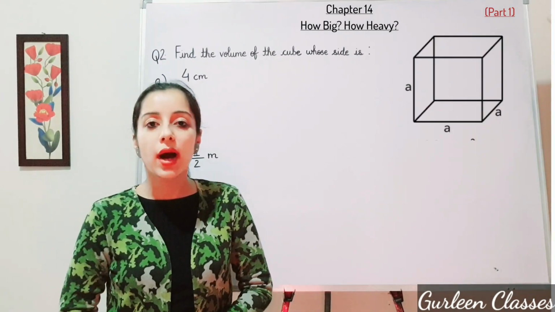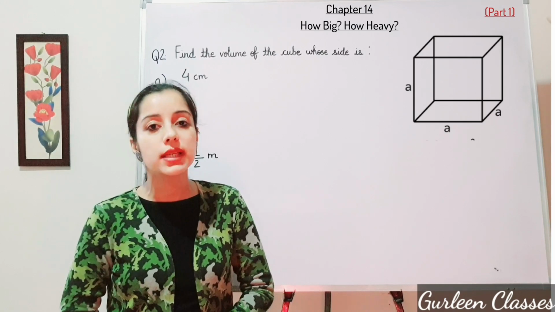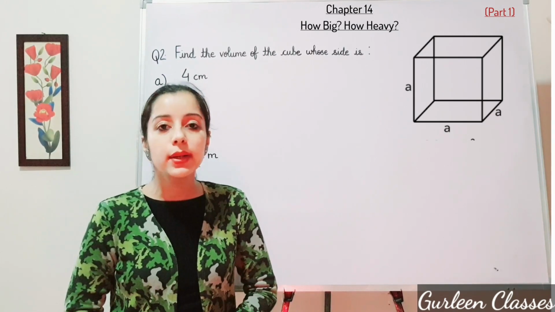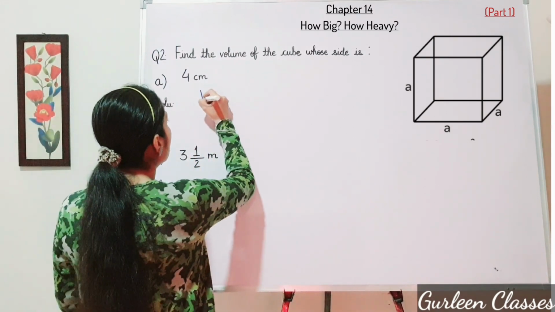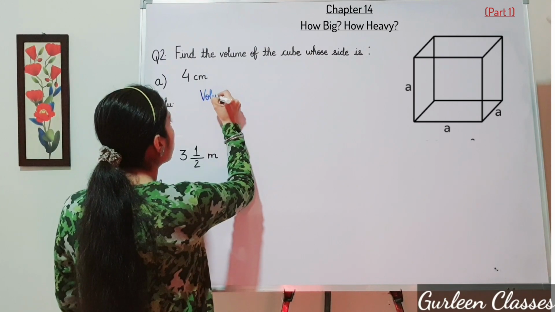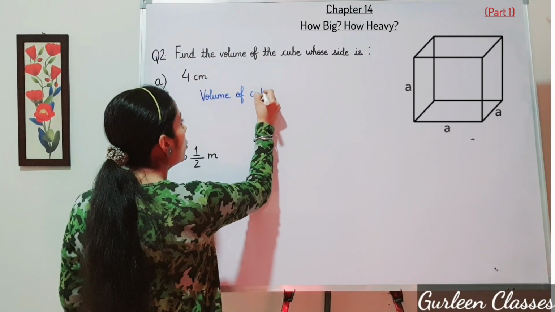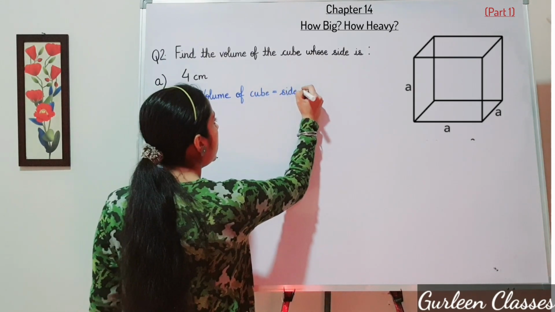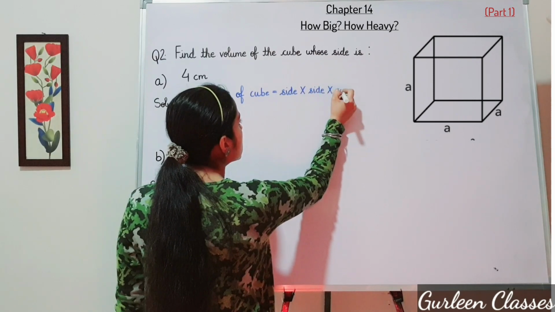Question number 2. Find the volume of the cube whose side is given: A part, 4 centimeter. So what is the formula for the volume of the cube? Side into side into side. So let us write the formula here. Volume of cube is equal to side into side into side.